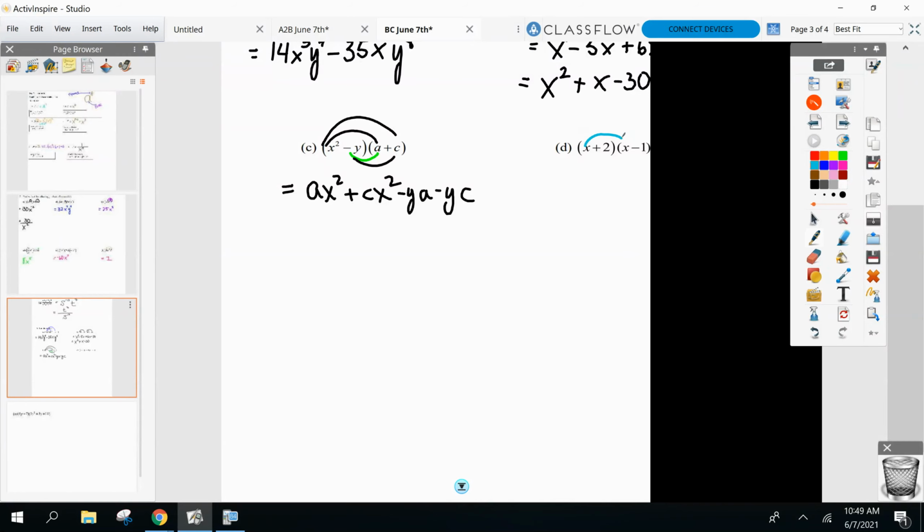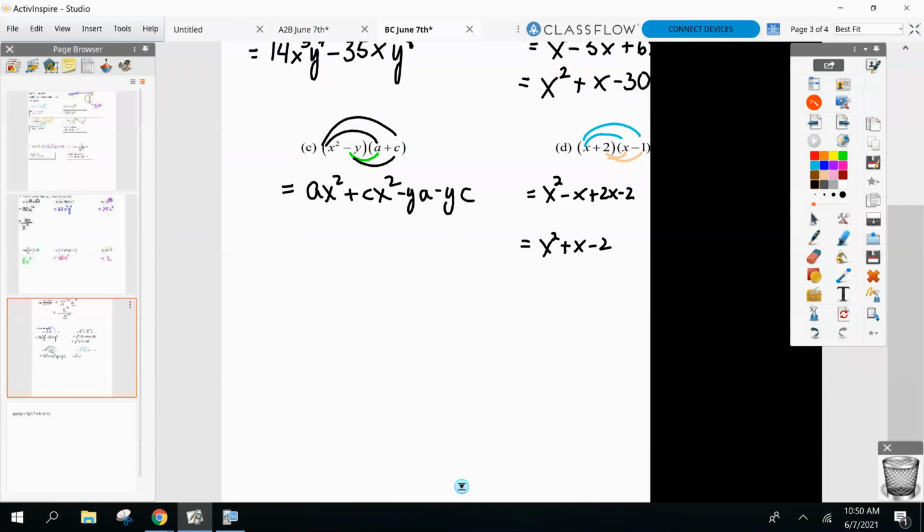So distribute the x squared minus x, distribute the 2, plus 2x minus 2. I'm going to combine my like terms, x squared plus x minus 2. We're all good?